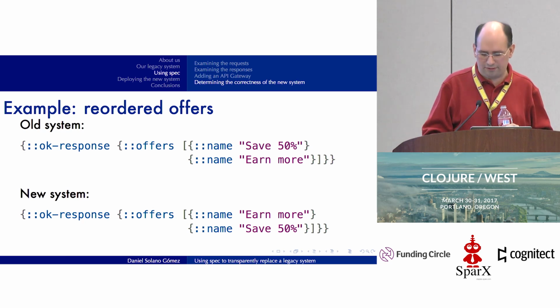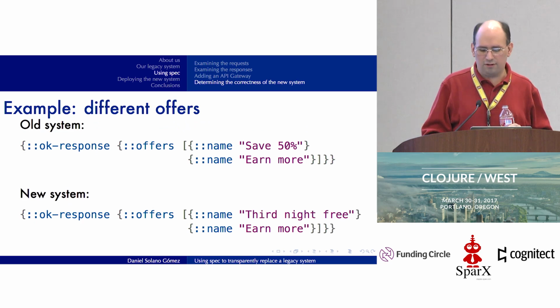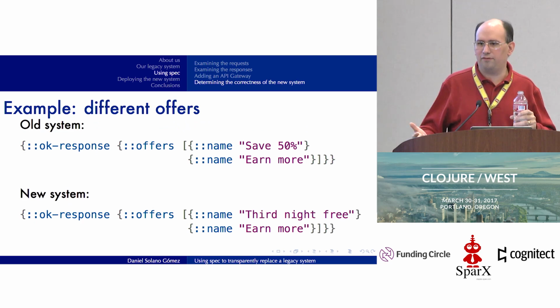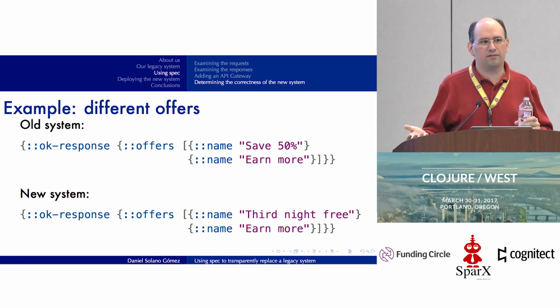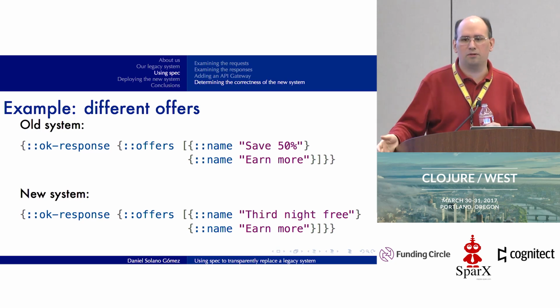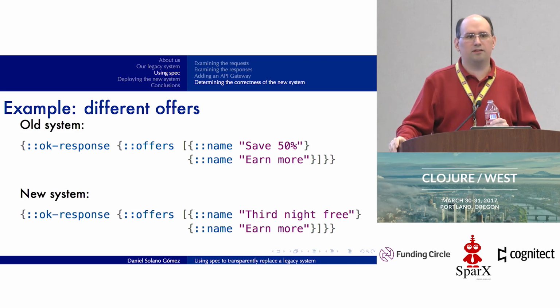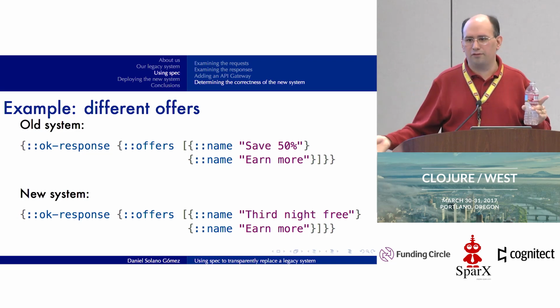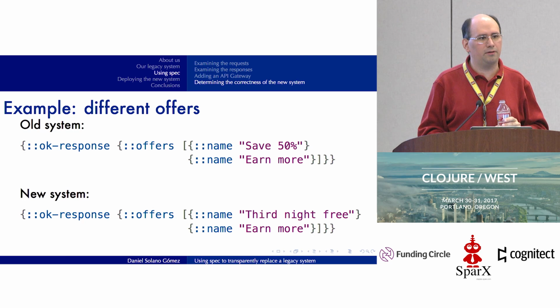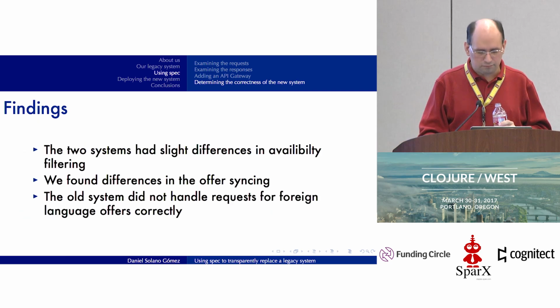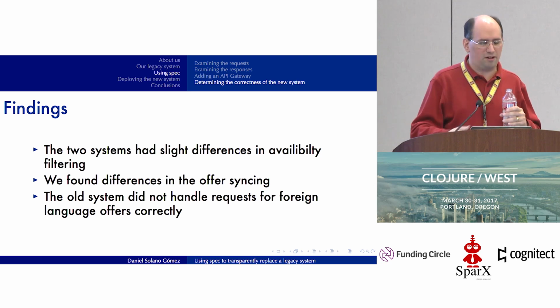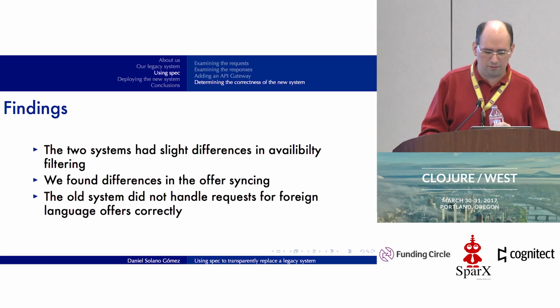We don't have to worry about that. In other cases, maybe we have slightly different offers. Again, this is something we have to look at. Is it because that offer is missing from one of the two systems? Or is it simply because there are 8 offers to choose from, and we're only picking the top 2, and each system ranks them differently? So this was a very tedious process to go through and make sure all that was correct.